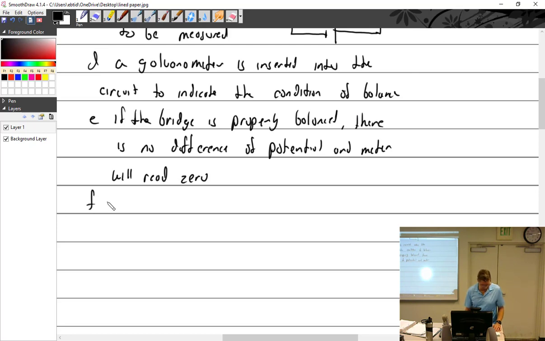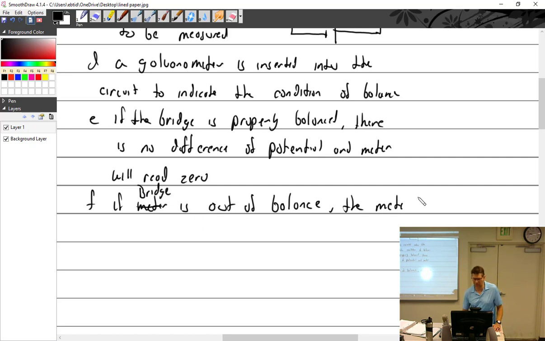So if the meter is out of balance, the meter will show an indication. I should say if the bridge is out of balance, not the meter, the bridge. That makes more sense.